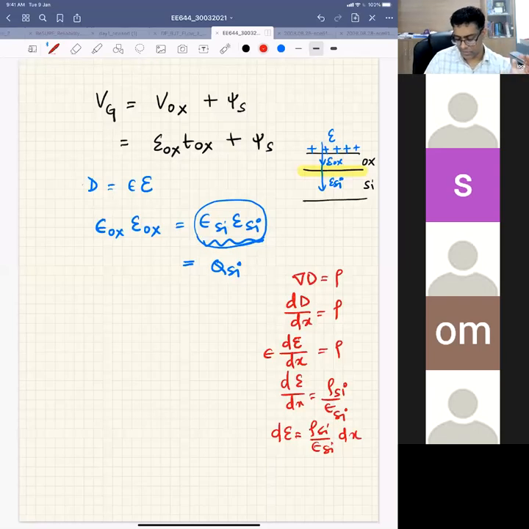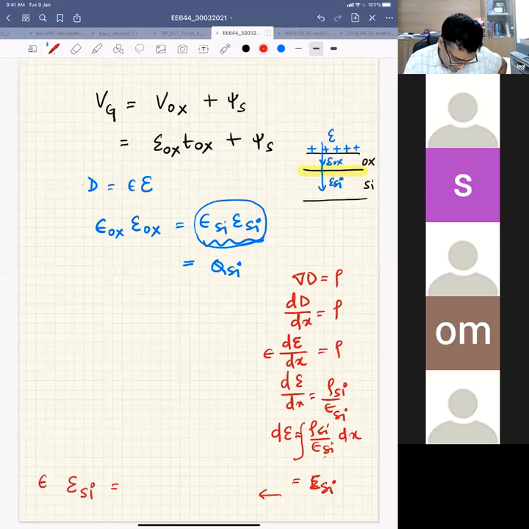If you integrate here, this will be your total electric field entering the silicon. So epsilon silicon times the electric field in the silicon is the integral of rho dx from 0 to x.